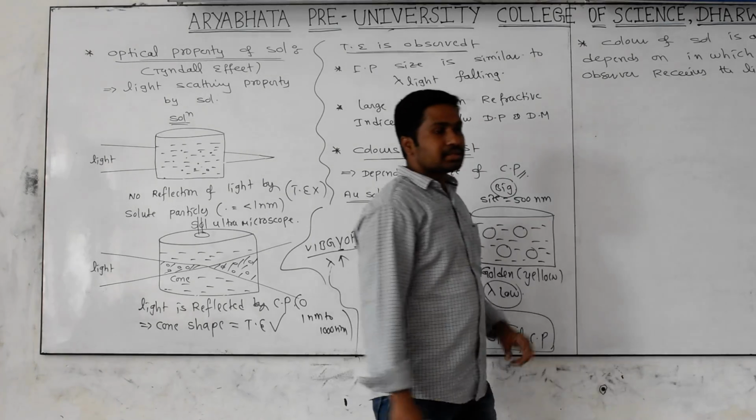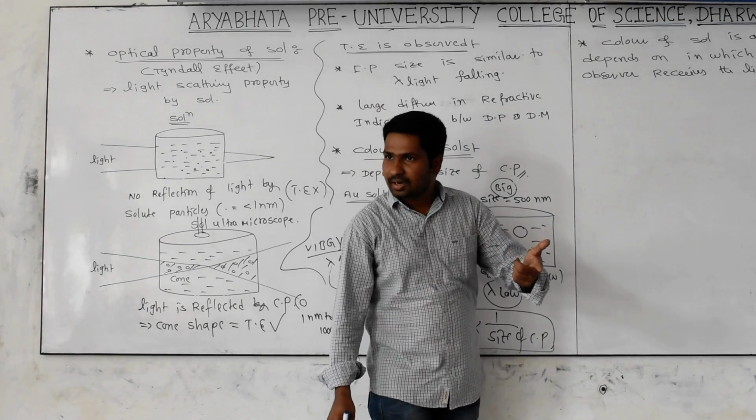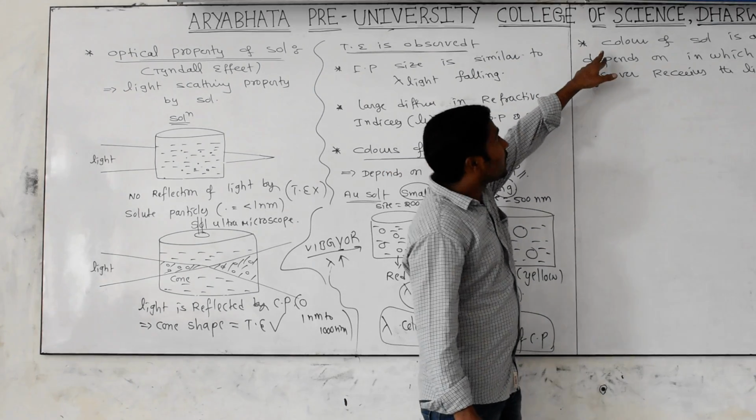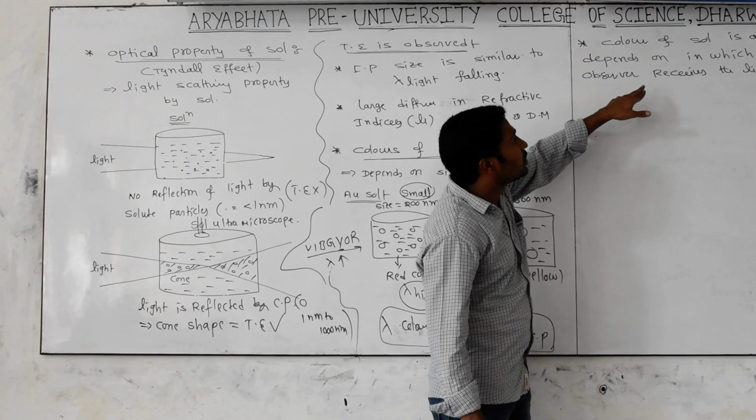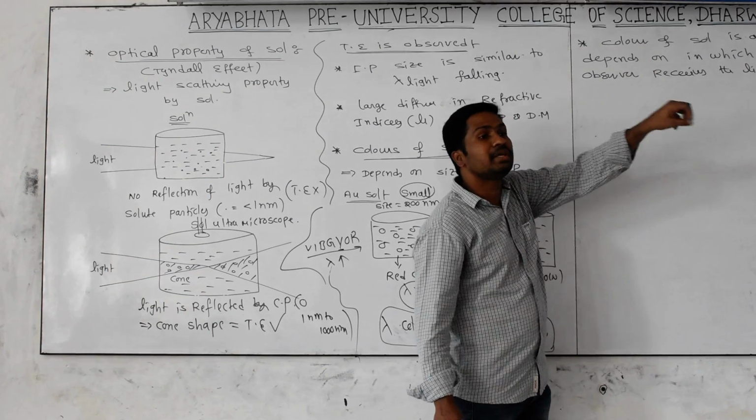Okay, one reason is the size of the colloidal particle, which influences the color of the sol. What is the one more reason? The color of the sol also depends upon in which way the observer receives the light from the sol.